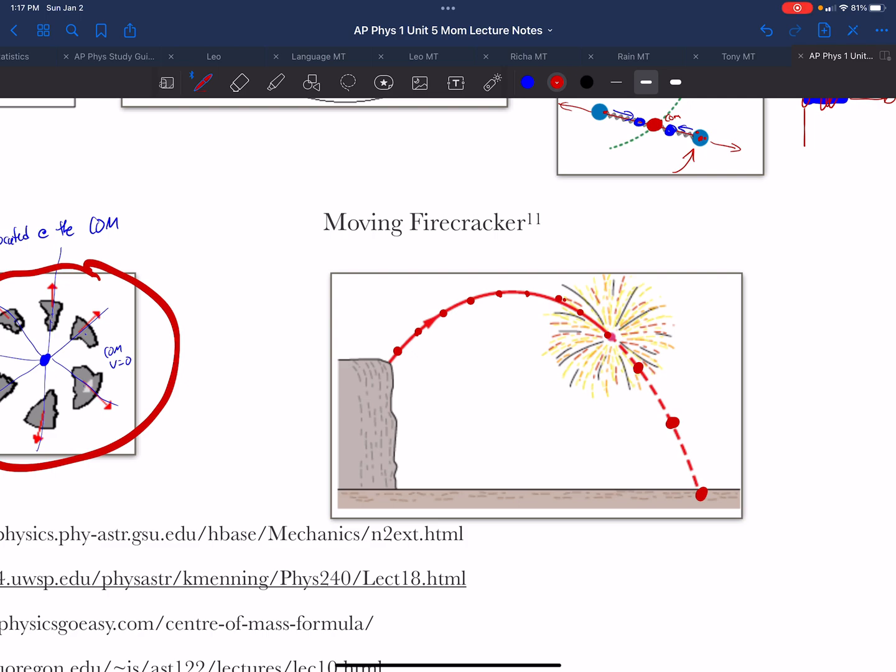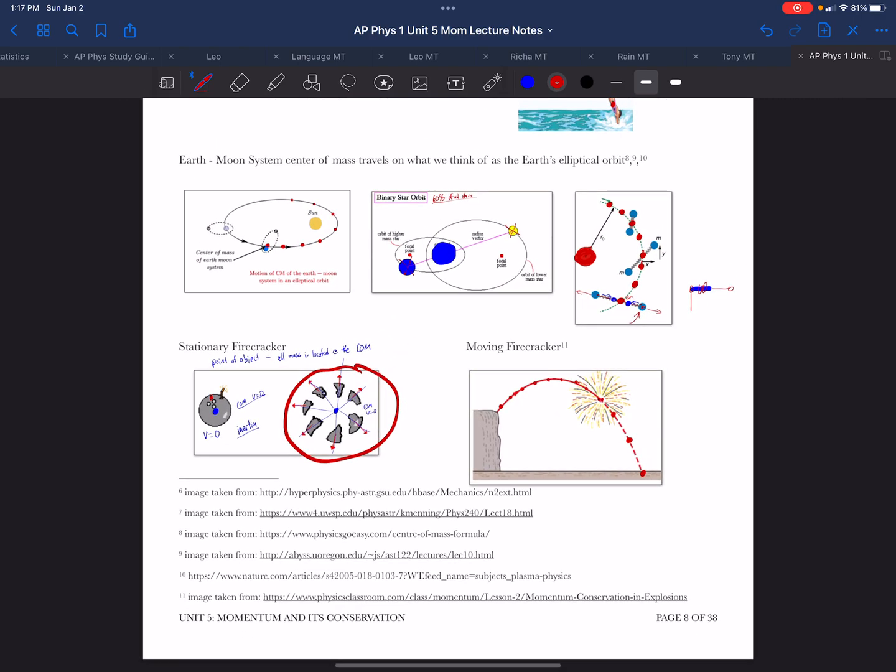Even as these particles are expanding outward over time, the center of mass will continue to follow that projectile path. And those are some examples of center of mass. If we understand these examples and apply them to lots of situations, we will be in good shape with center of mass.